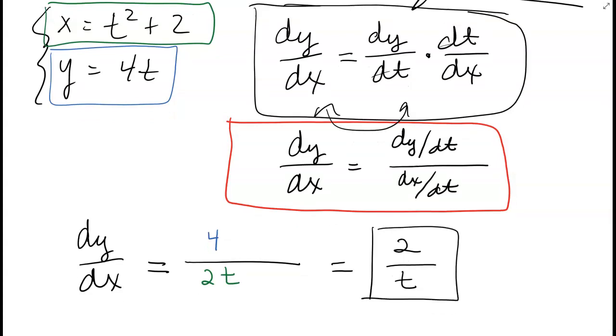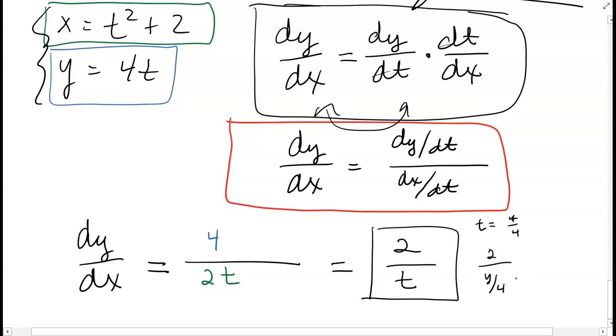So our derivative is just 2 over t, which if you wanted to put it back in terms of x and y, we know that t equals y divided by 4, so 2 over y divided by 4 times 4 over 4 equals 8 over y, which is exactly what we got when we did our implicit differentiation.